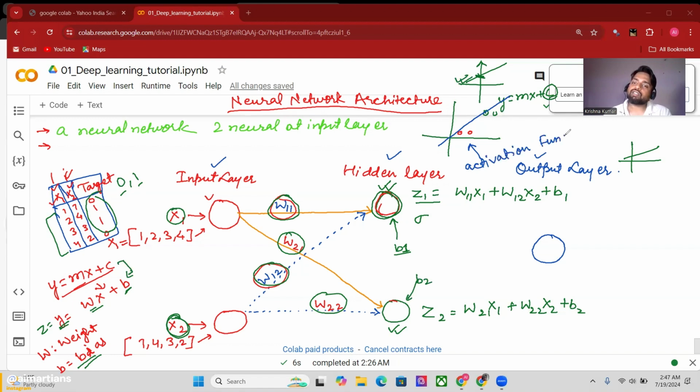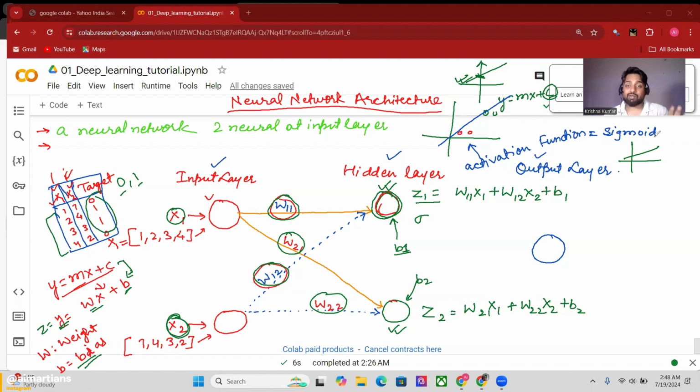An activation function is a function which helps to transform the equation of line into a different shape. The activation function used by this neural network at the hidden layer is sigmoid.